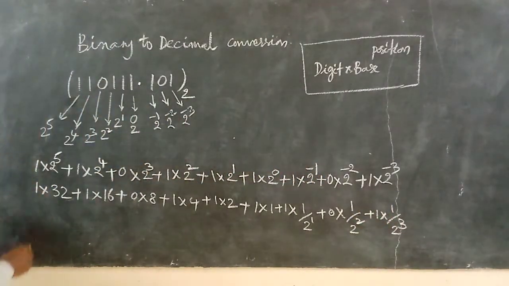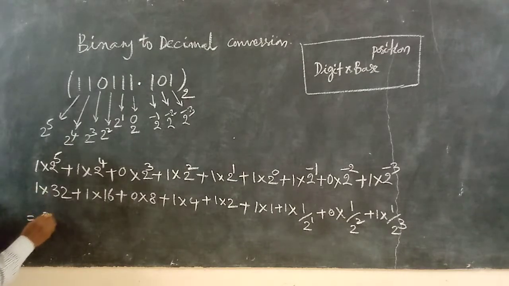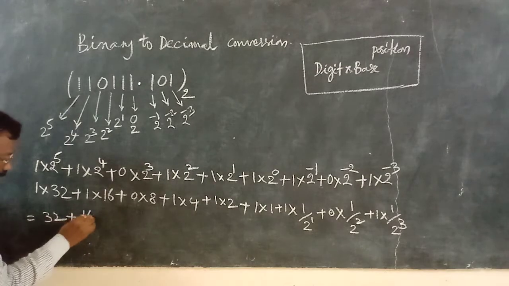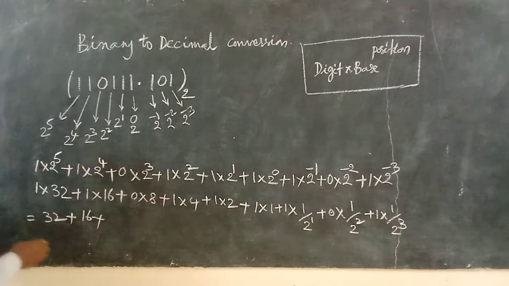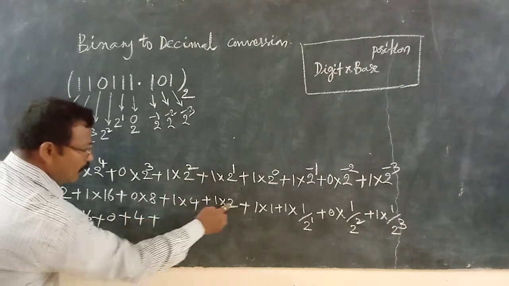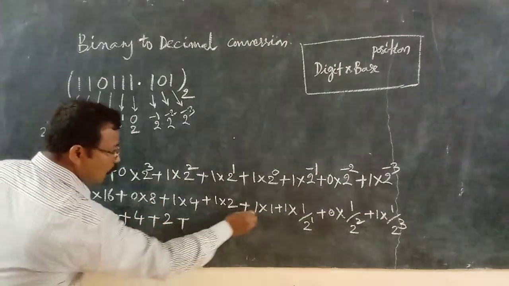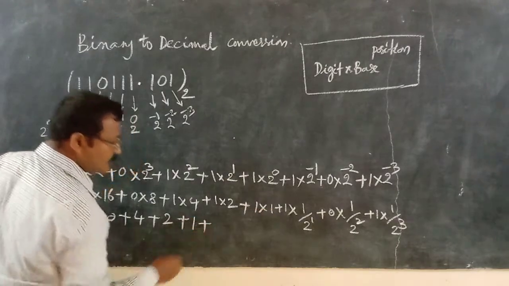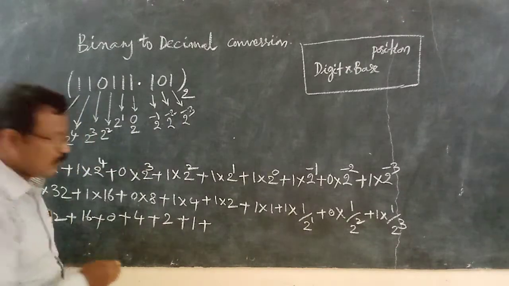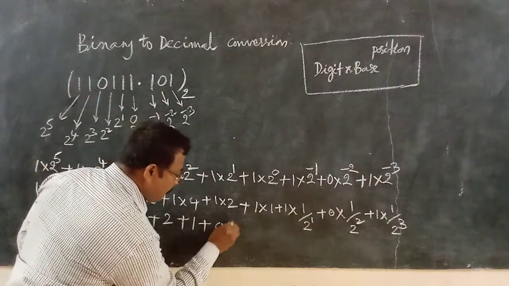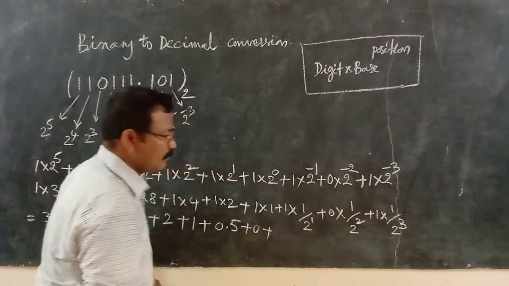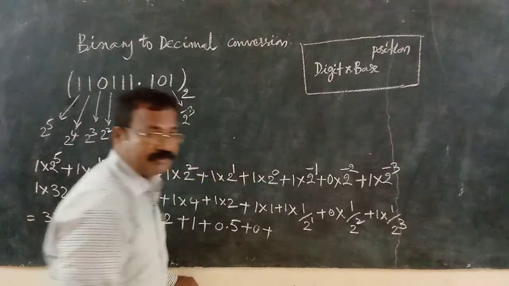Now you have to simplify this expression. 1 into 32 plus 1 into 16 plus 0 into anything is 0 plus 1 into 4 plus 1 into 2 plus 1 into 1 plus 1 into 1 by 2 to the power of 1 means 1 by 2. 1 by 2 means 0.5, plus 0 into anything is 0, plus 1 by 8.